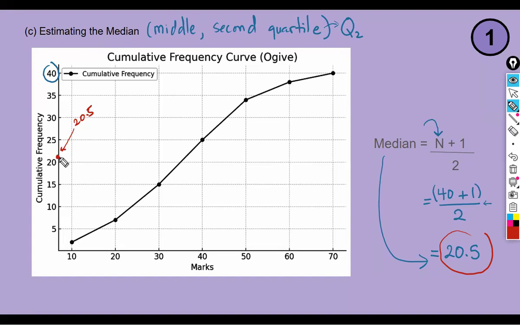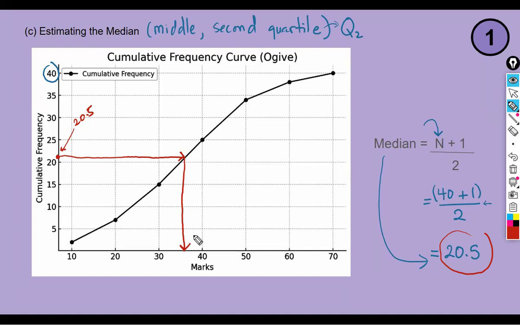You won't need to go in between a block. To get the median, you draw a straight line from here. Well, yours is going to look better than mine. It's going to hit the graph, and wherever it hits the graph, you drop it straight down. And the value it falls on is the median.